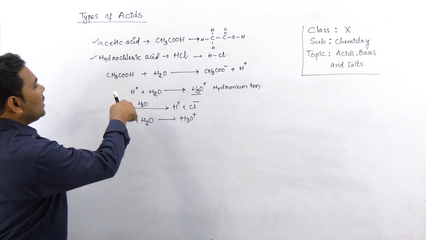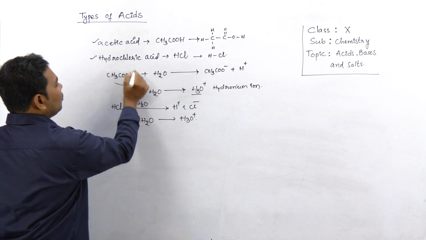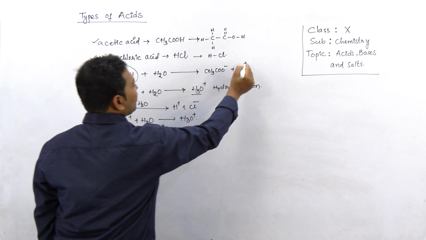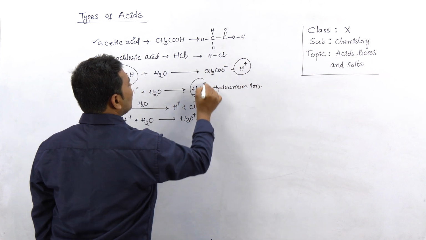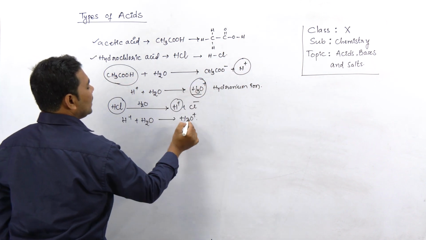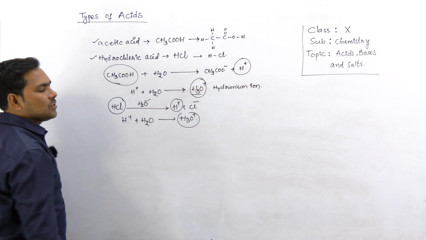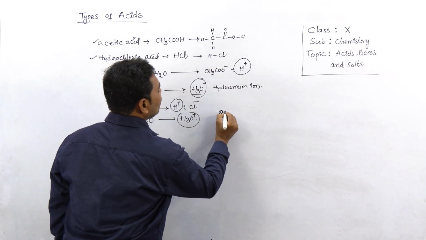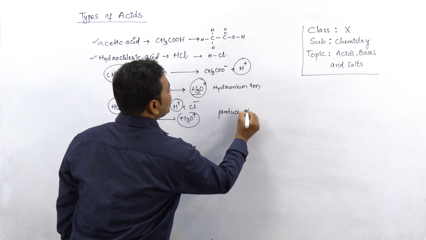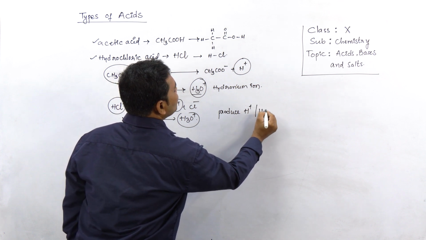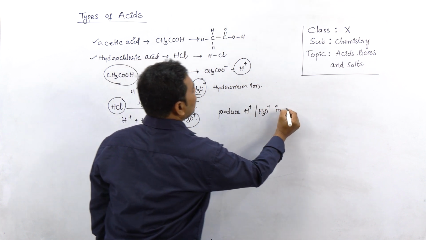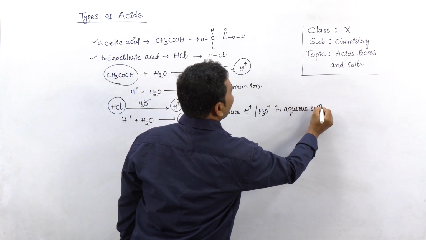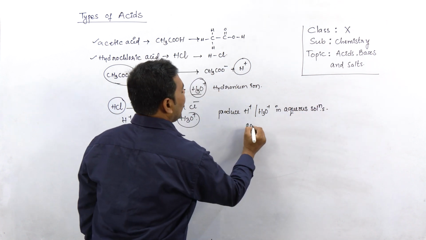Now, what is common in both substances? Whether you take CH3COOH or HCl, they are able to produce H plus ions or H3O plus ions in their aqueous solutions. Such substances which produce H plus ions or H3O plus ions in aqueous solutions are generally called acids.